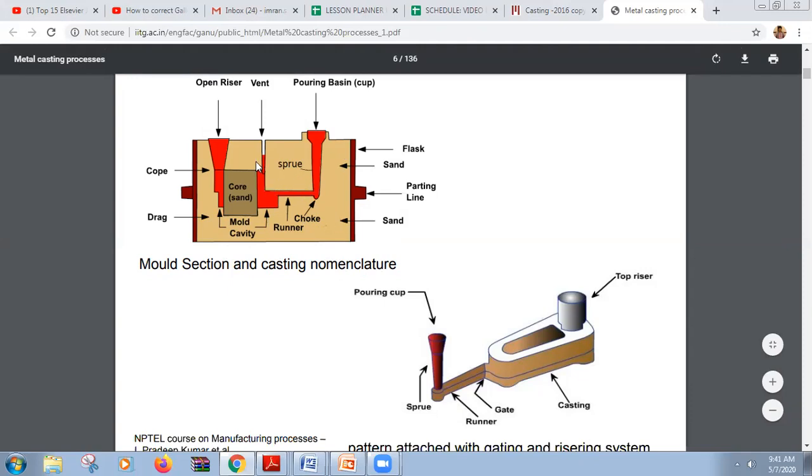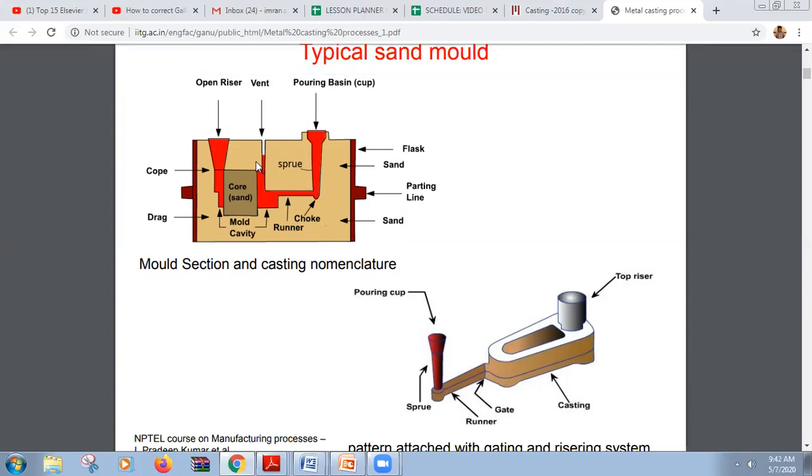So first what we do, we take the drag, the lower part, and we keep it upside down. When we keep it upside down, the locating pin portion is low beneath. And then we fill molding sand in this. This is the molding sand.